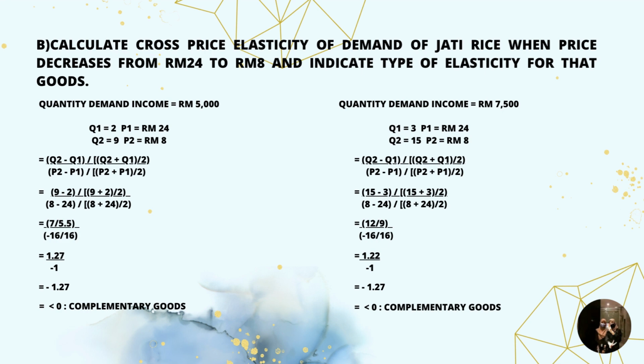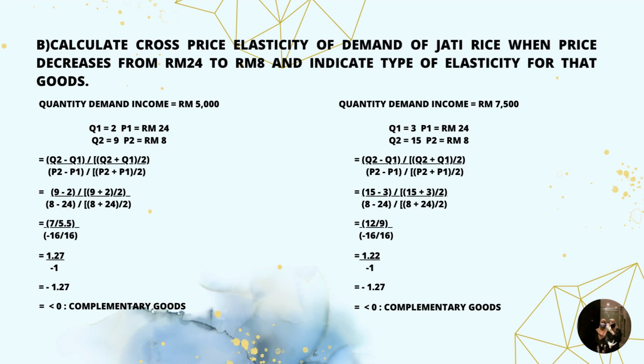Given the table, Q1 is 2 units and Q2 is 9 units, and P1 is 24 ringgit and P2 is 8 ringgit. Now we substitute the numbers into the midpoint formula, and we know this type of good is complementary goods because the final value is negative, which is negative 1.27.